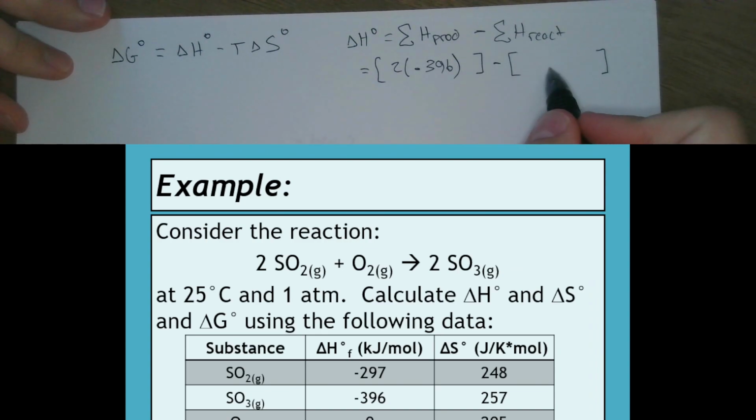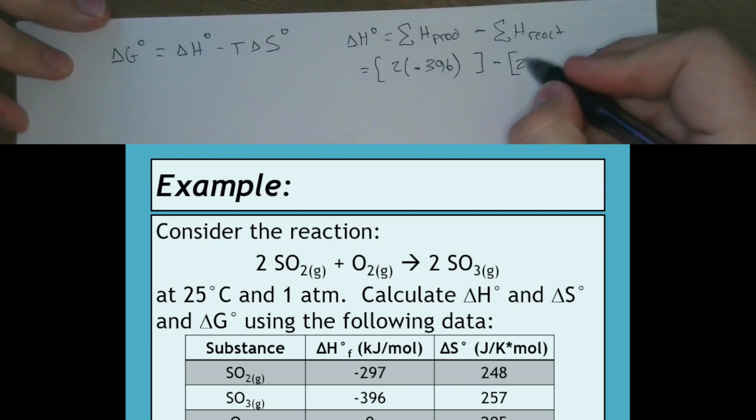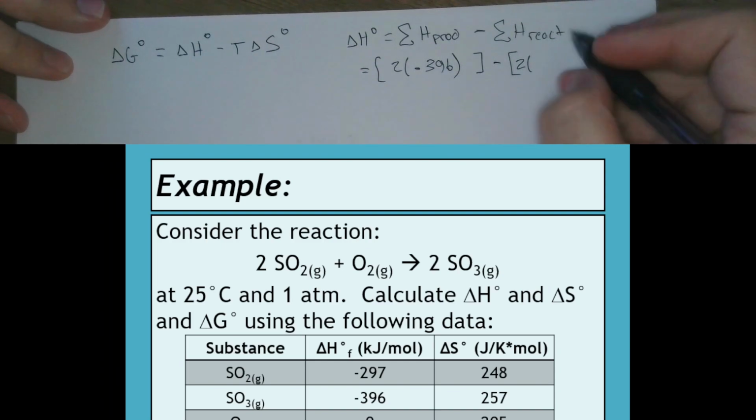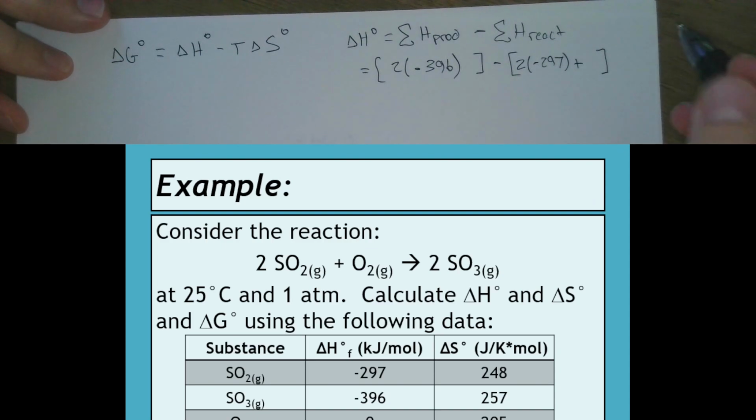Okay. Minus my reactants. I have 2 reactants. The first one is my 2 times SO2 is negative 297 plus my second reactant is O2.